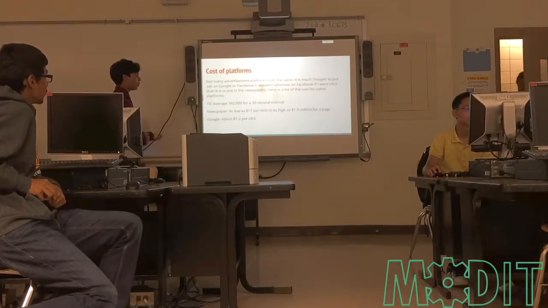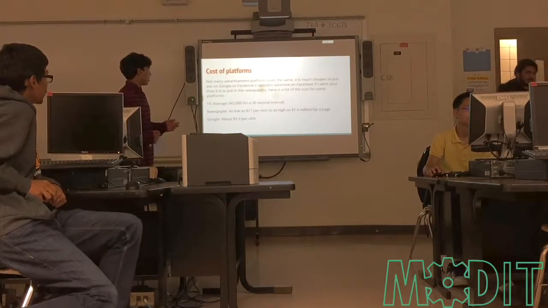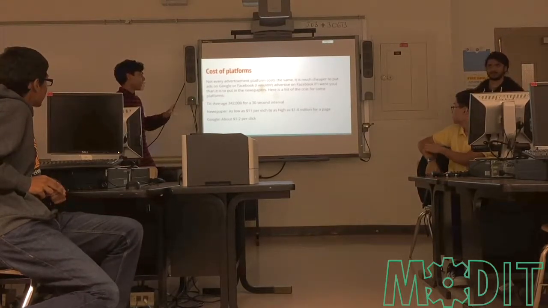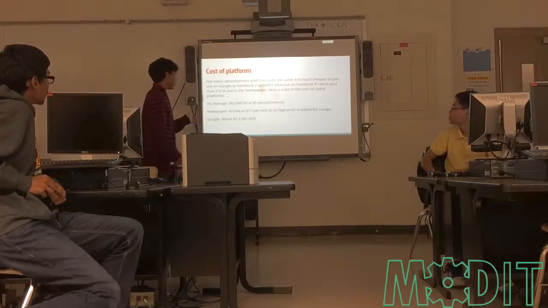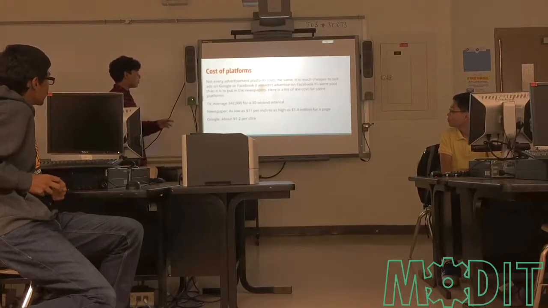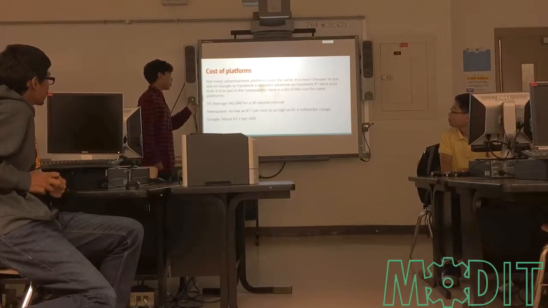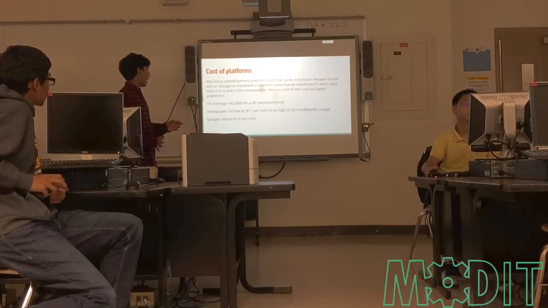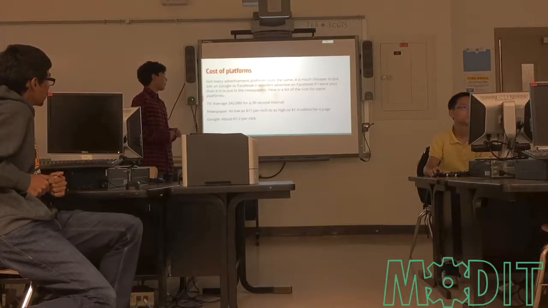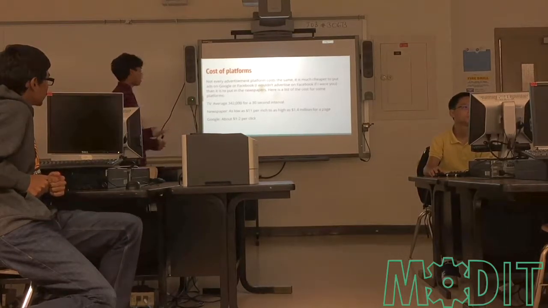And on Google it's $1 to $2 per click. So although TV is seen as outrageously high, $342,000 compared to Google's $1 to $2 per click, sometimes it's actually necessary to spend that much because you'll be advertising to sometimes even millions of people with just $342,000, making it more worth it.